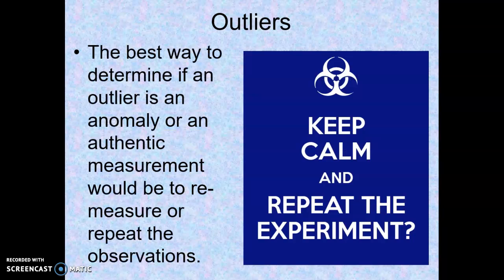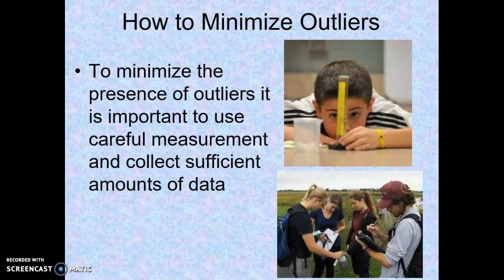Well, the best way to find out if it's an authentic data point or just an anomaly would be to repeat the observations. Redo that experiment. Now, to minimize outliers, we have to make sure that we're doing careful measurement and that we collect enough data so that we can look at a particular trend and make a determination of whether or not that data point is indeed an outlier.